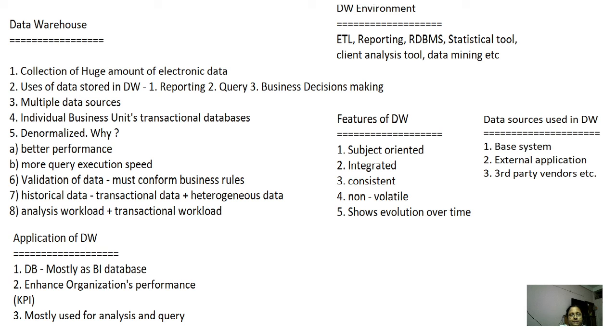Historical as well as transactional data are stored in the data warehouse, where the data can come from a variety of data sources, which is called heterogeneous data. And this data warehouse can be used for two purposes. One is the transactional purpose and the other is the analysis purpose.